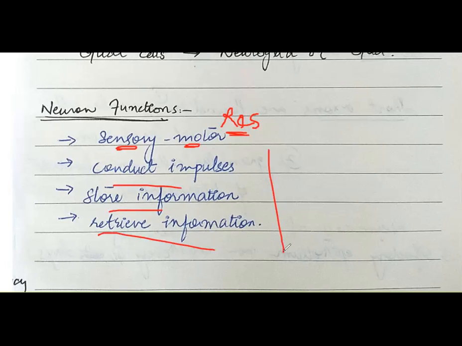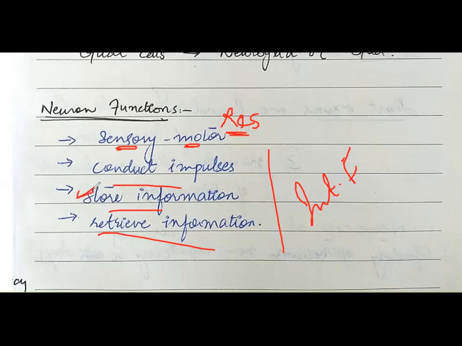If you remember from our first class, I told you about the integrative function of the brain: whatever information is processed in the brain, only 1% is used by the brain and taken as memory. The rest is just thrown out. The brain says we don't want this information because it is not important. So neurons also store information.